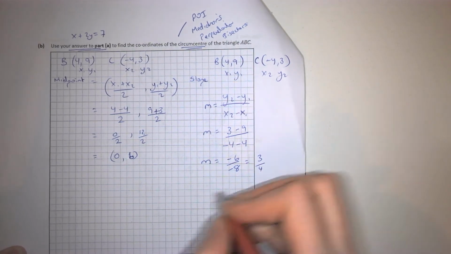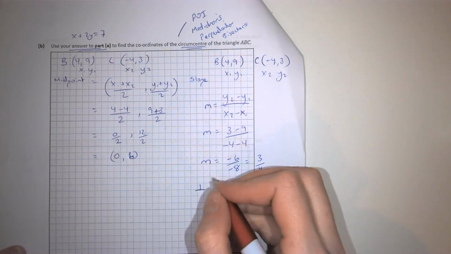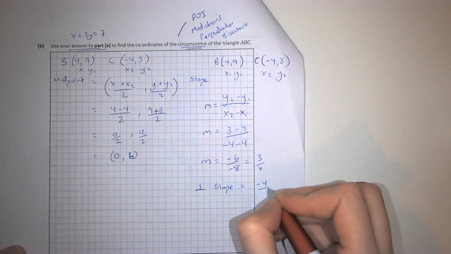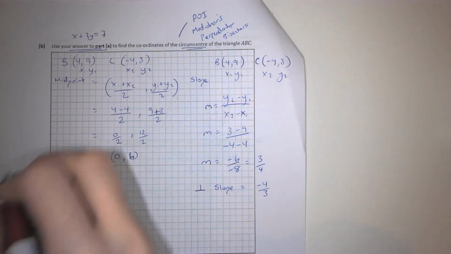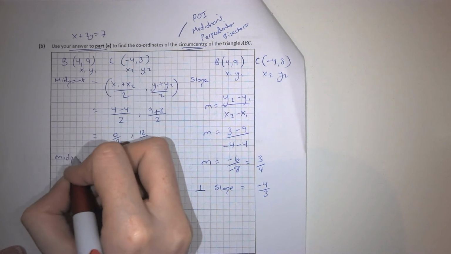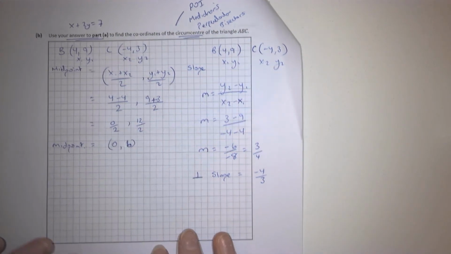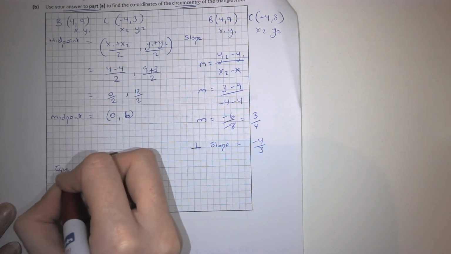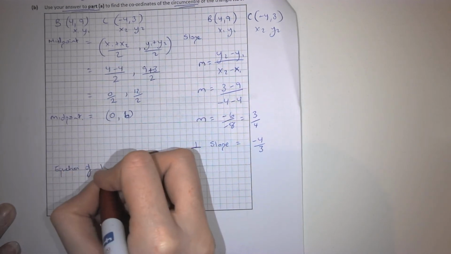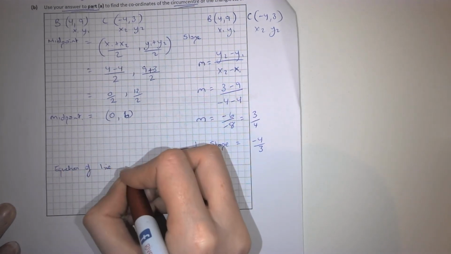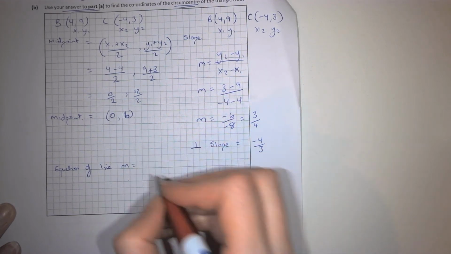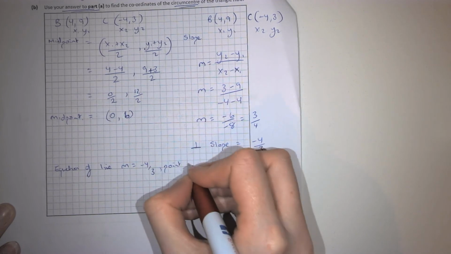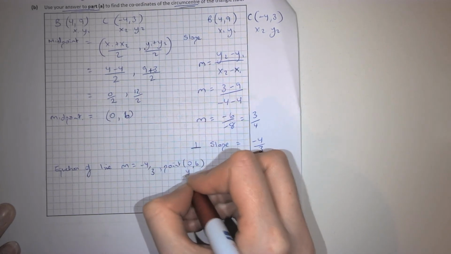Now again, do not forget the perpendicular slope is equal to minus 4 over 3, and that's the slope we want. So we've got our midpoint, we've got our slope, now we get the equation of the line. So again, equation of line, m equals minus 4 over 3, (0, 6), and that's x1 y1.